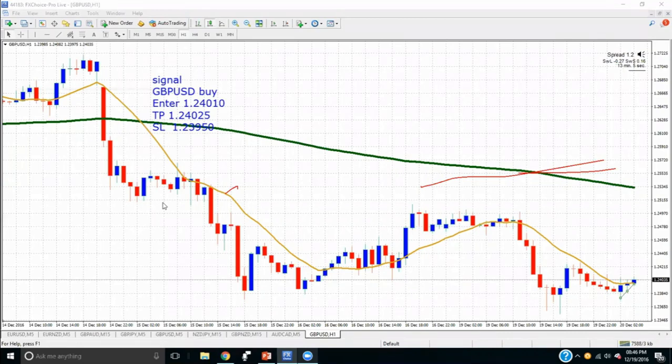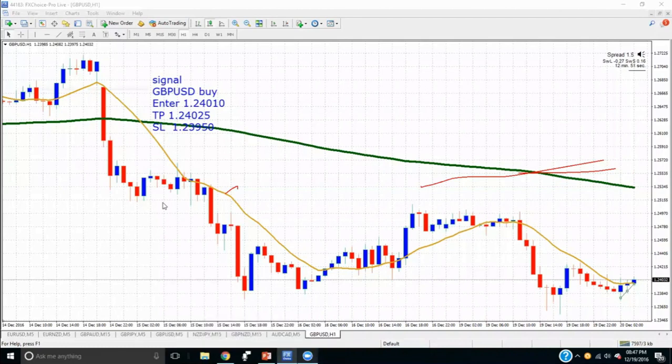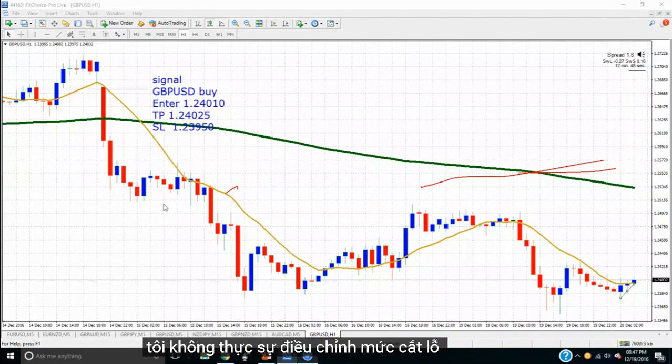Okay, so I just explained the gold line. Stop loss, I'll talk about that here in just one second. So I don't really adjust my stop loss much.